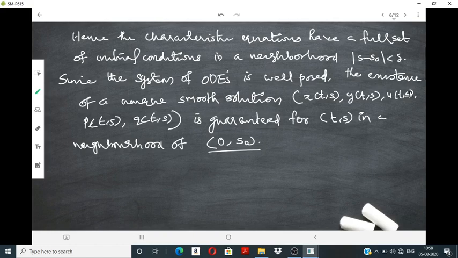Now, as in the quasi-linear case, one can verify that the system of five equations and the initial condition, f of x naught, y naught, u naught, p naught, q naught equal to 0 at s naught, imply that f at x of t,s is equal to 0.